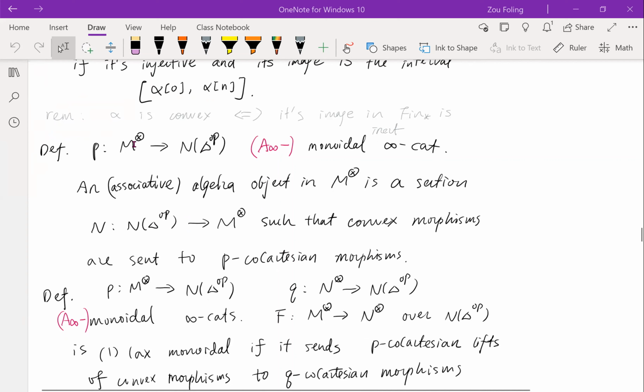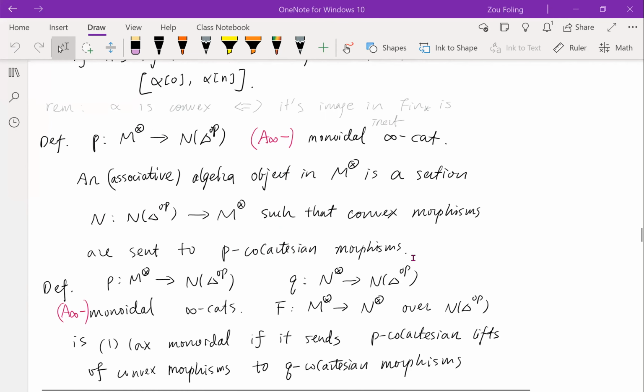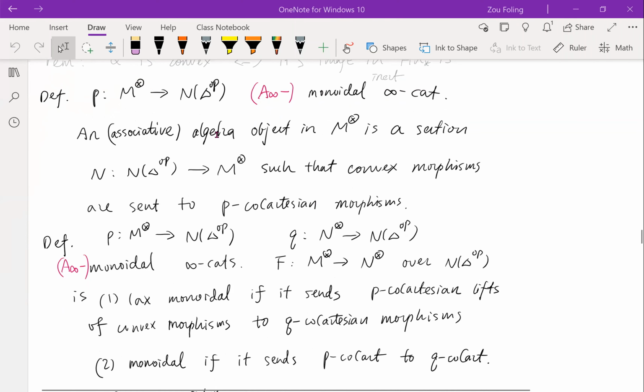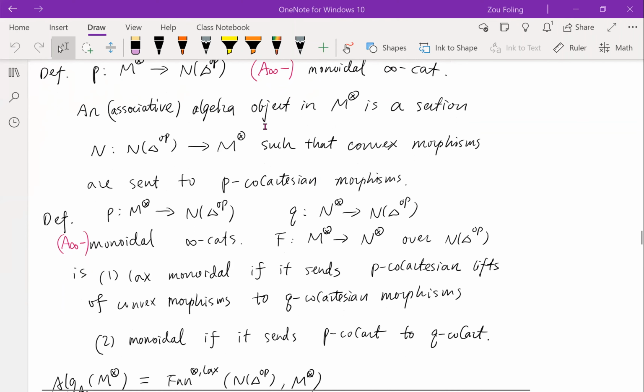Basically, we have M tensor sitting over nerve of delta op, and nerve of delta op mapping into it, so it's sort of a map of infinity operads if they had been operads, and it sends inert morphisms to p co-Cartesian morphisms, which automatically are inert. So this is the definition of an algebra object.